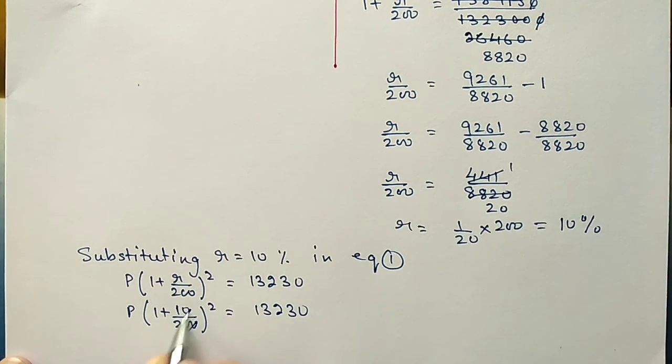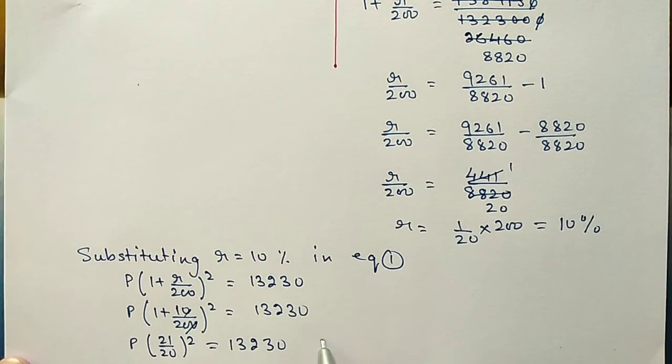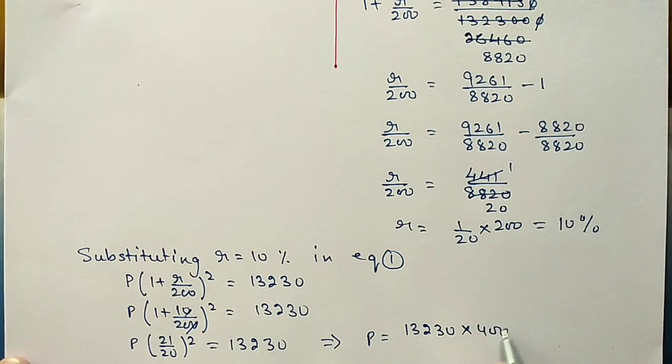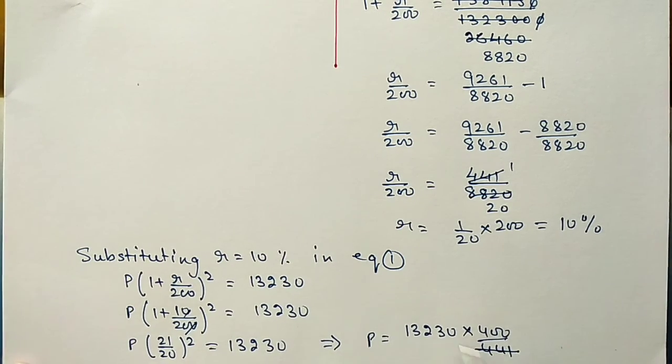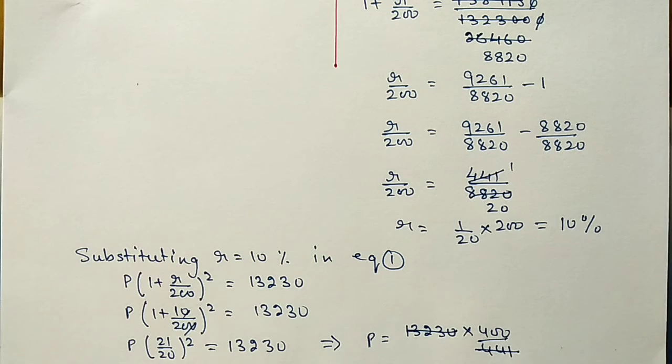So this we can cancel out and we'll get P (21 by 20) to the power 2 equal to 13,230. Only P we will keep here, remaining numbers we can shift to the other side, and this 20 square will become 400 and 21 square will become 441, and this you can cancel.